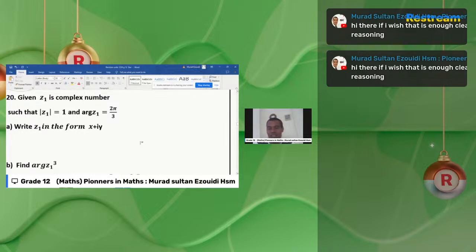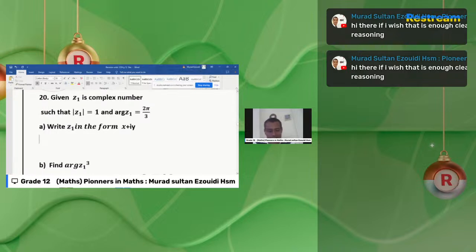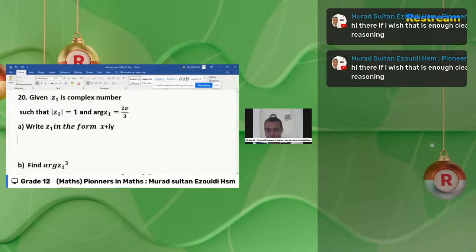This is exactly the question, and make sure that this kind of question will come in the final exam, so you should prepare yourself for it. It could be argument of z to the power 4, or argument of z1 to the power 3 divided by argument of something like that. We'll explain everything here.